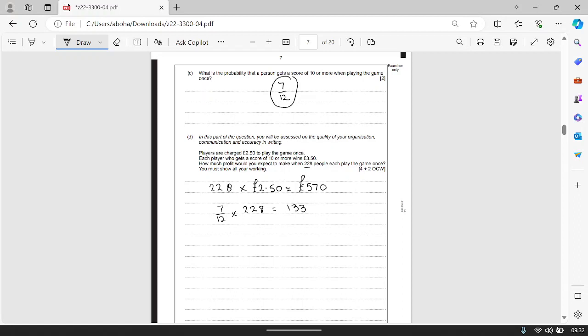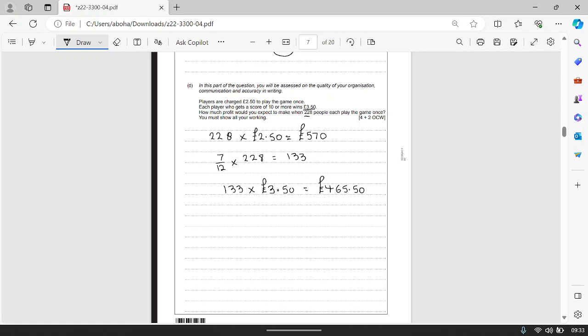So there'll be 133 winners. So how much do you pay out? It's 133 times £3.50, because it clearly states here that you win £3.50. Putting that on your calculator would give you £465 and 50 pence.